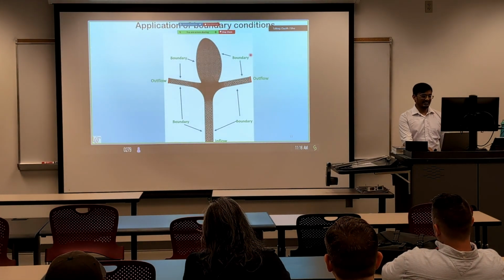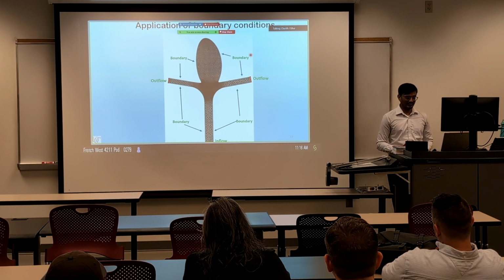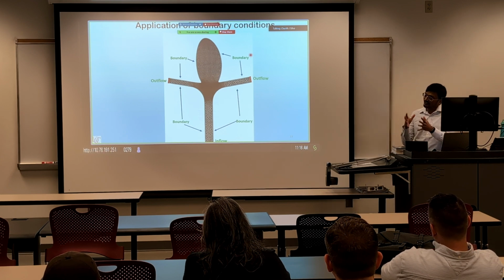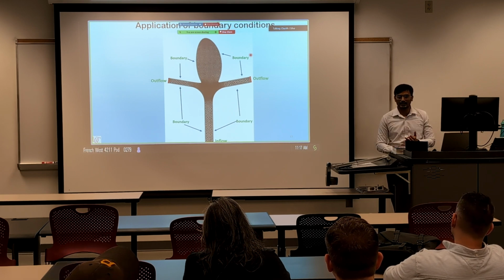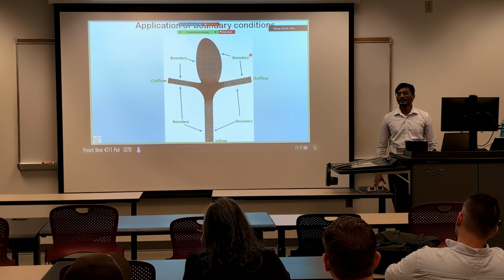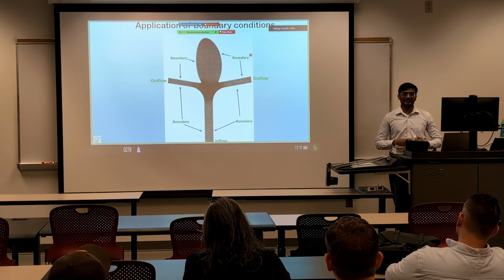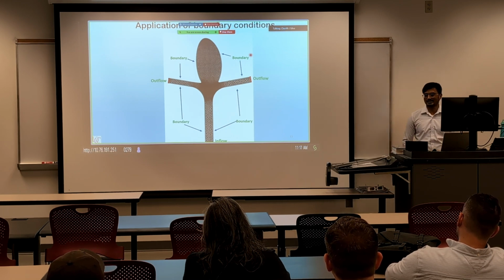Then we have to apply the boundary conditions. Once we have the mesh, we first have to identify the inlets and the outlets on that mesh along with the wall, and then we have to apply the boundary condition on this mesh.